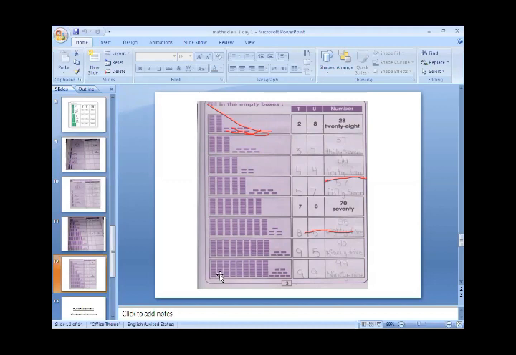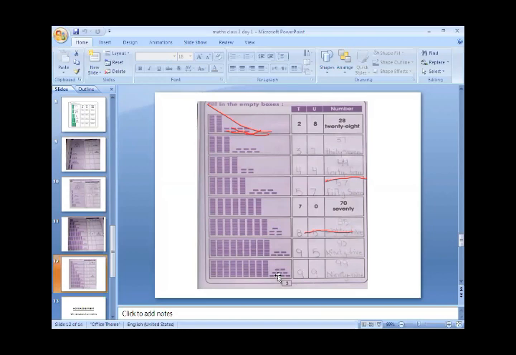See at the last box. Count how many rods are there. 1, 2, 3, 4, 5, 6, 7, 8, 9. So these rods show the tens place. So you will write 9 at the tens place.